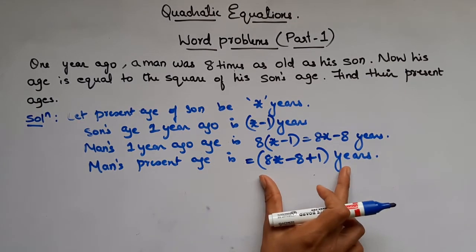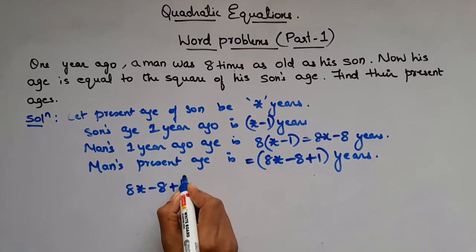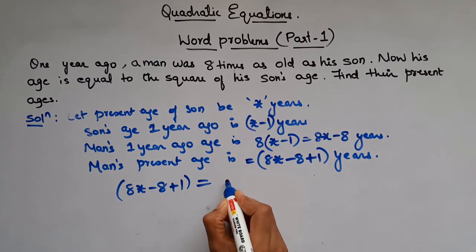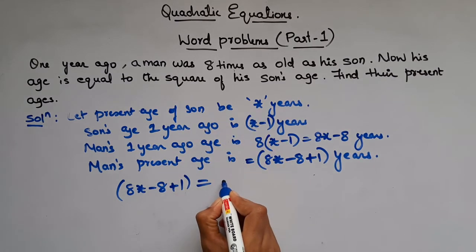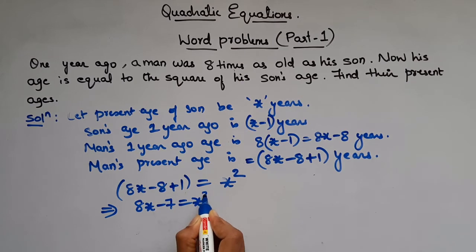So man's present age, 8x minus 8 plus 1, is equal to the square of his son's present age. The son's present age is x, so square of his present age. Which implies 8x minus 7 is equal to x square.